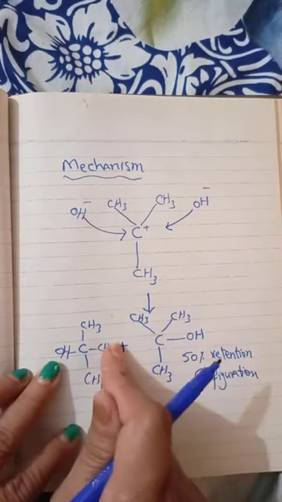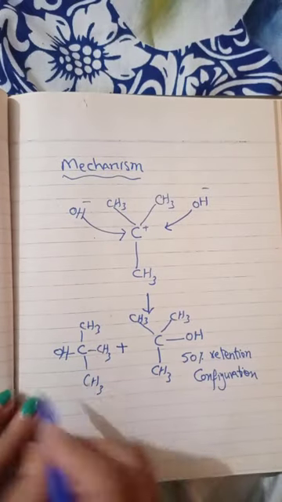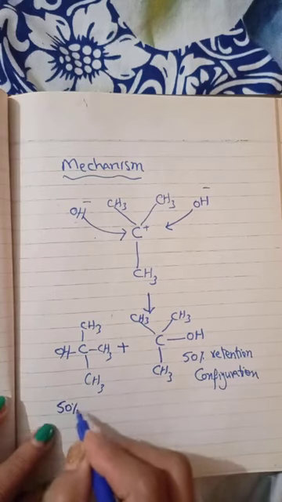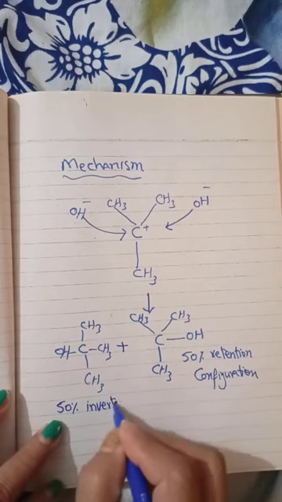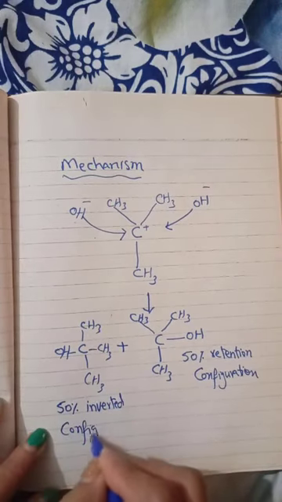The leaving group was on this side in the previous case. Now OH is in this direction. So this is the case where we have got 50% inverted configuration of the molecule.